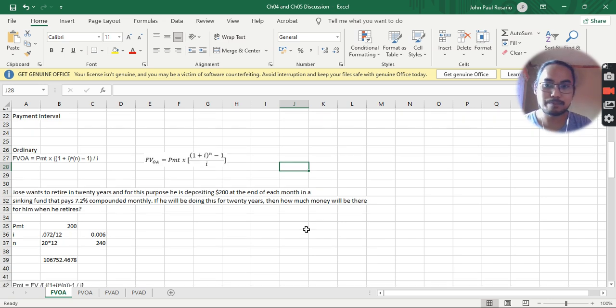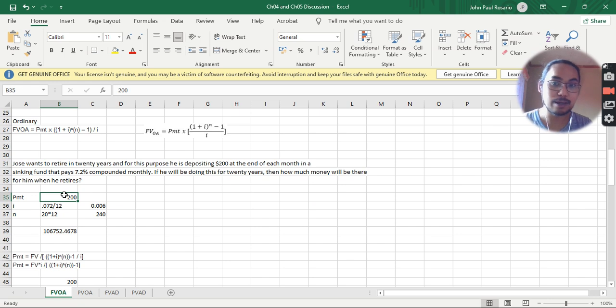Our payment is $200 per month, at the end of each month, so we're sure it's an ordinary annuity, because the payment occurs at the end of each payment interval. The payment interval is monthly and the interest is compounded monthly as well. They coincide, therefore this is a simple ordinary annuity.